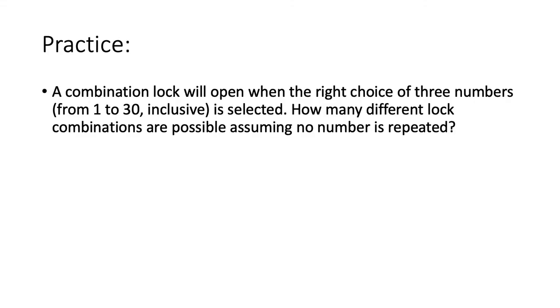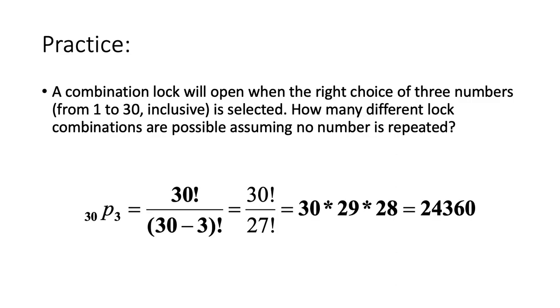Let's try a practice question. A combination lock will open when the right choice of 3 numbers from 1 to 30 inclusive is selected. How many different lock combinations are possible, assuming no number is repeated? First, this question involves permutation because order does matter. There's a difference between 1, 2, 3 and 2, 3, 1 in a number lock.